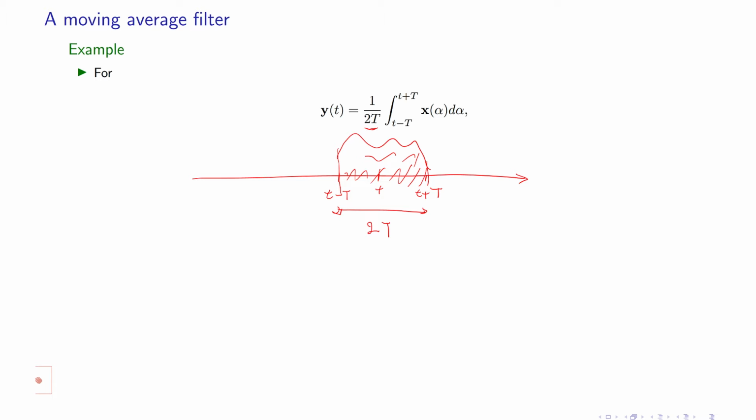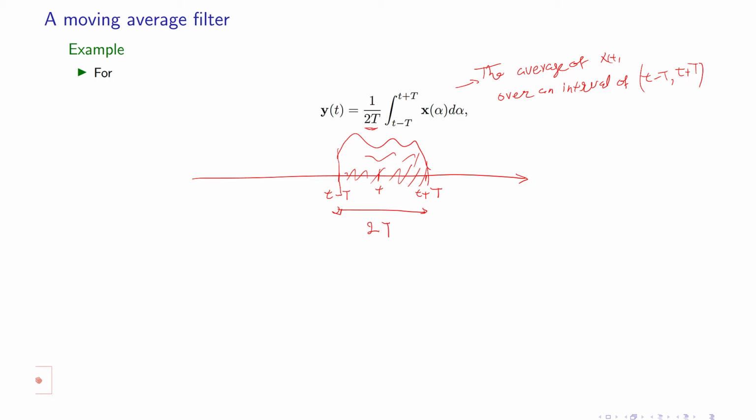So this is the average of x of t over the interval between t minus T and t plus T. This is just an average because we divide by the length, so this is called the moving average.